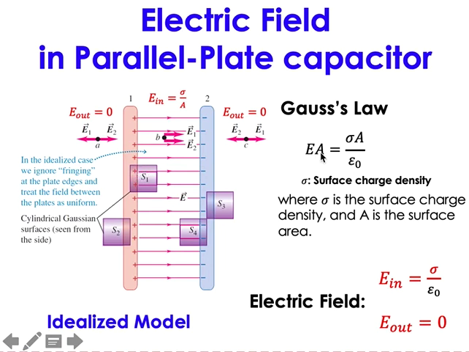Electric field times A is equal to total charge, surface charge density times area, divided by epsilon 0. Lastly, the electric field inside this parallel plate capacitor is equal to sigma divided by epsilon 0. It's constant.